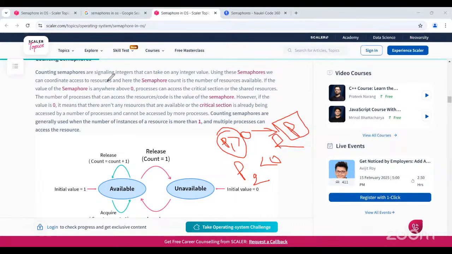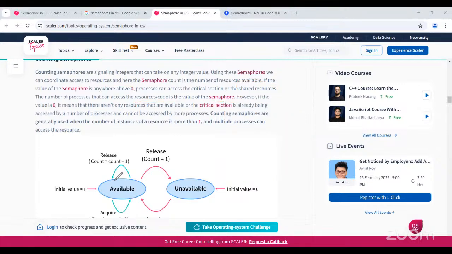That is what the semaphore is telling: if any semaphore value is above zero, the process can access the critical section or shared resources. The number of processes that can access the resources is the value of the semaphore.